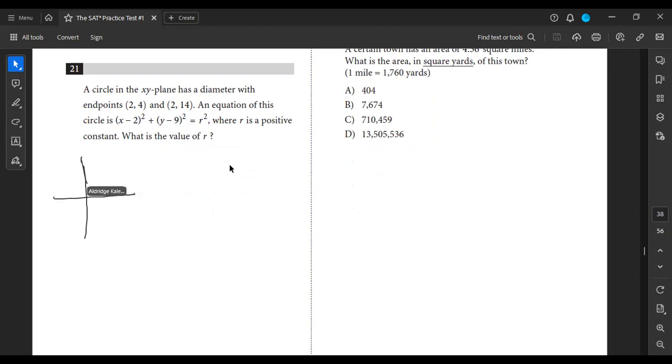In an XY plane, let's say this was (2, 4) here, and then we had (2, 14). It's an ugly circle, but as long as you get the point.